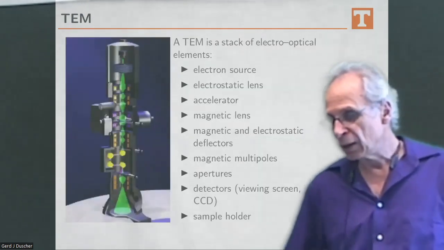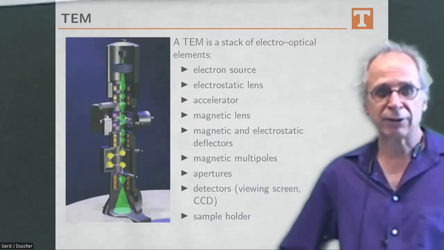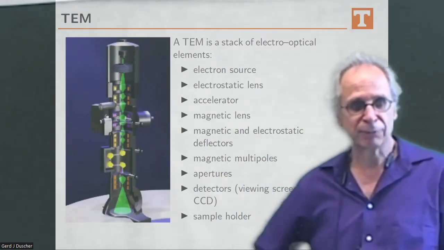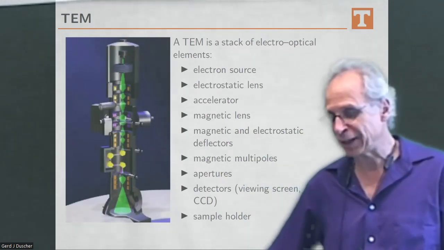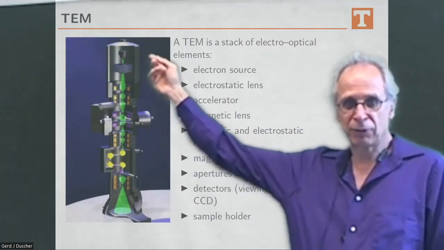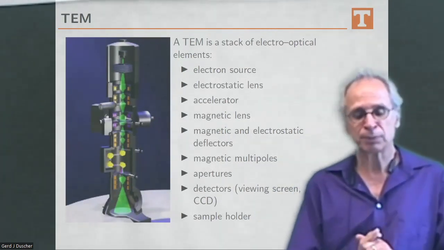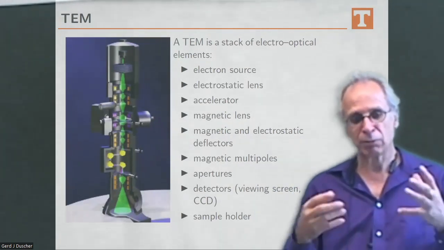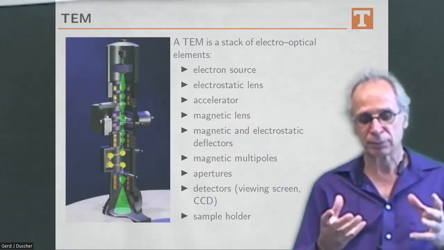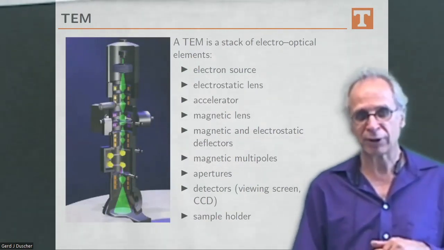So what does a TEM look like? Well, it's a stack of lenses. We are used to microscopes, right? All a stack of lenses. We start with the electron source. We have different sources. They change the coherence of the electron beam, the energy distribution inside the beam.